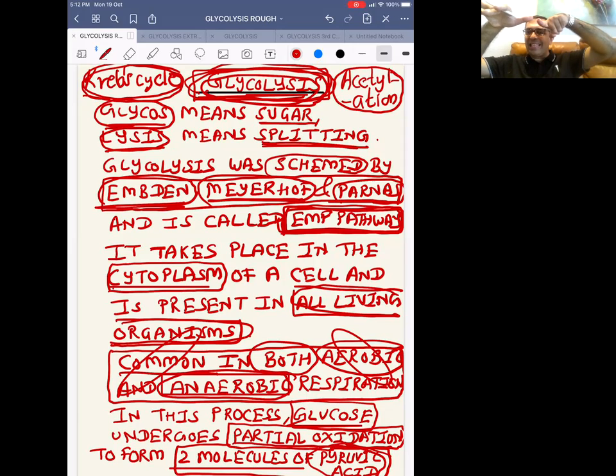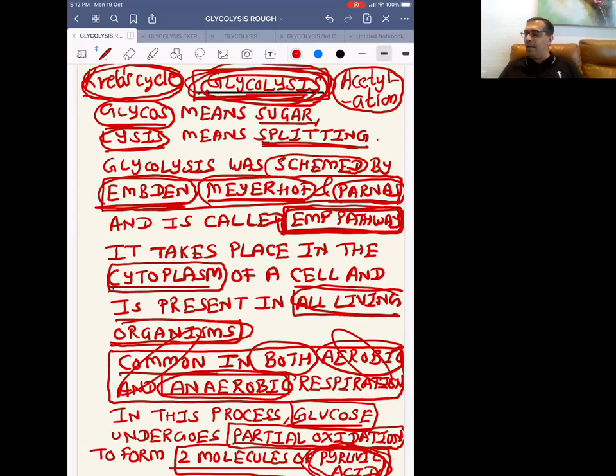And what does 6 carbon glucose do? Breaks down to form 2 molecules of 3 carbon compounds, which is called pyruvic acid.